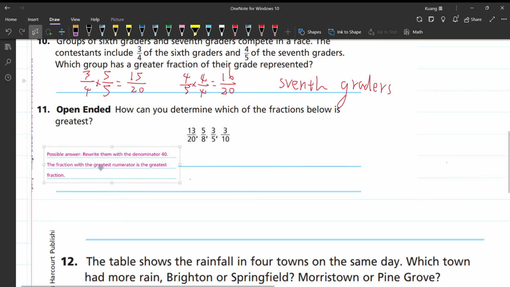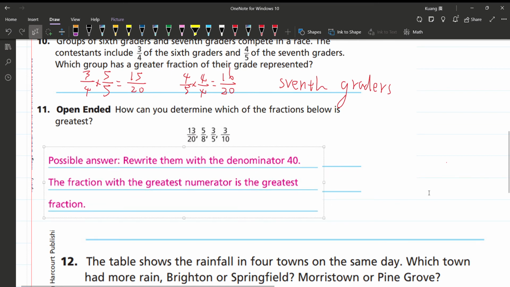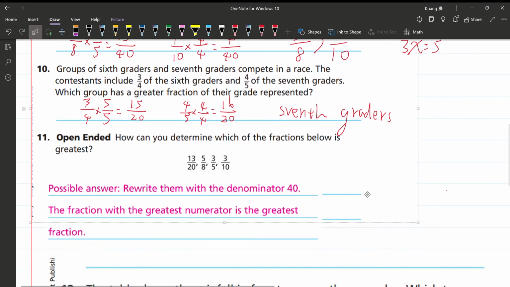So here is one example. Rewrite them with denominator 40. The first one would be times 2 over 2, 26 over 40. The second one times 5 over 5, 25 over 40. The third one is times 8 over 8, 24 over 40.